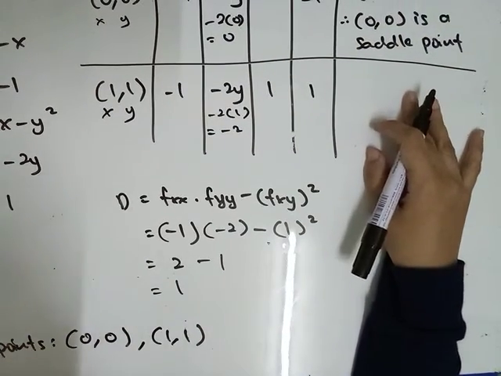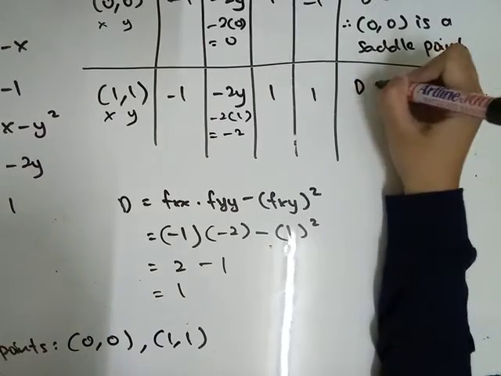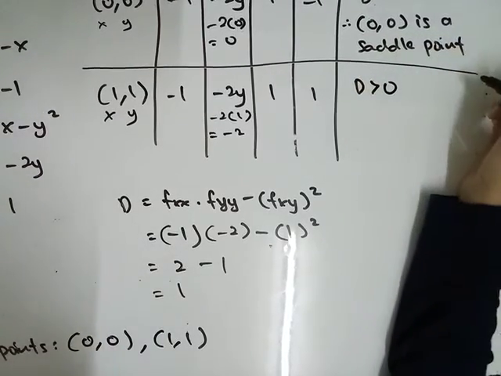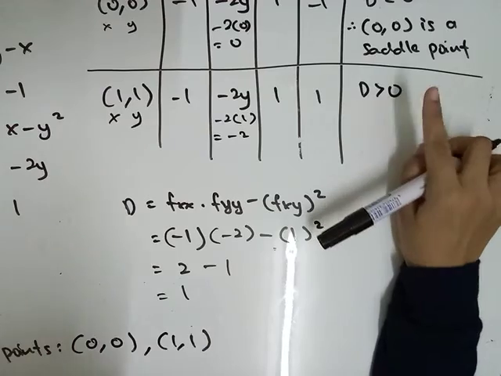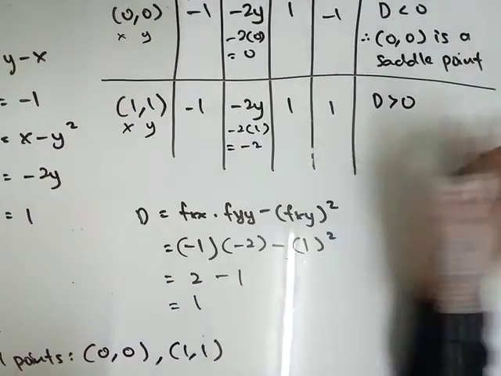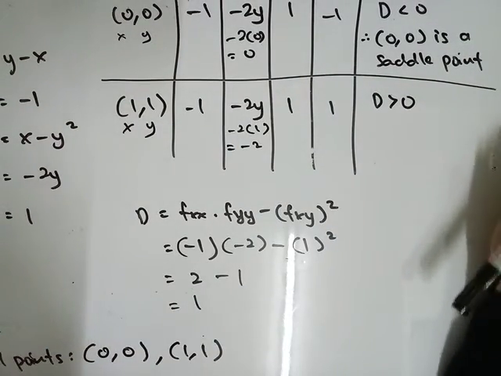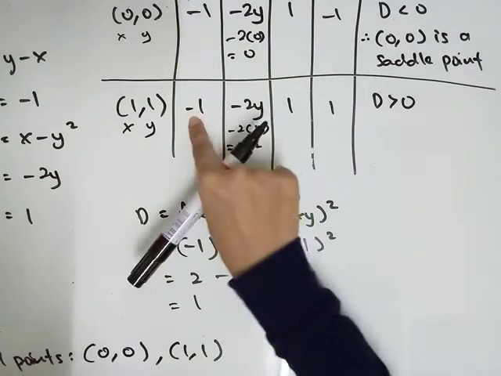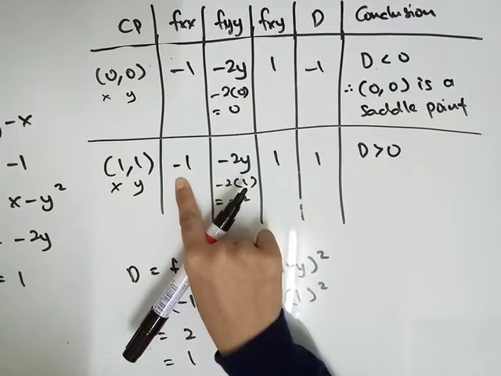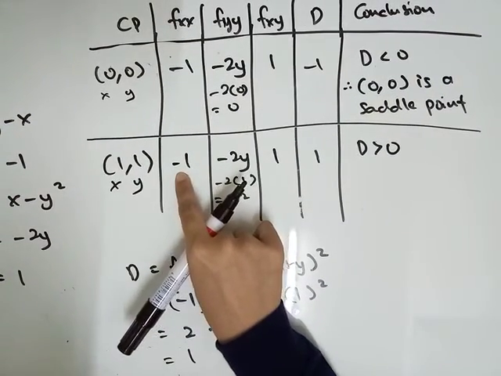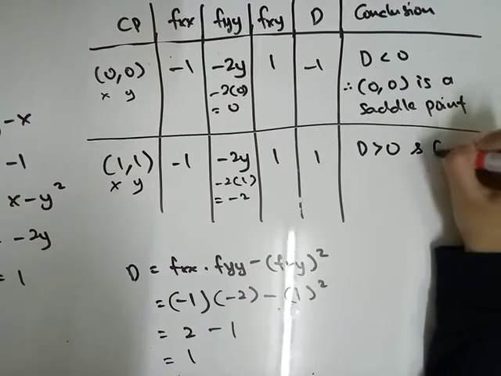Look at your notes. D is more than 0. If D more than 0, you need to look at the fxx to determine whether it is a maximum or minimum point. So fxx here is -1, that means it is less than 0.